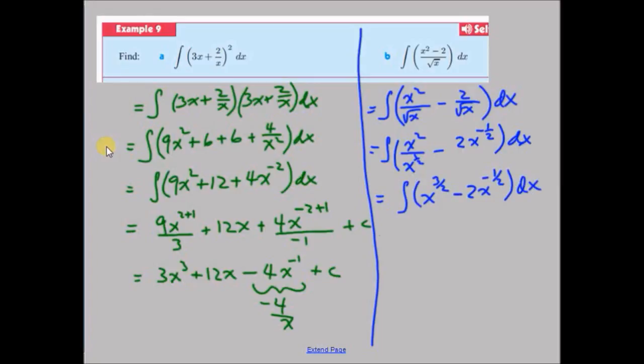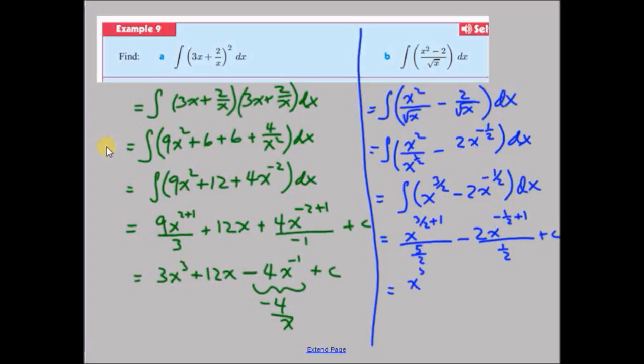Okay, now I'm ready to integrate. So add 1 to that exponent and then divide by that number. That number is 5 over 2. Add 1 to the exponent and then divide by that number, which is 1/2. And the constant of integration.